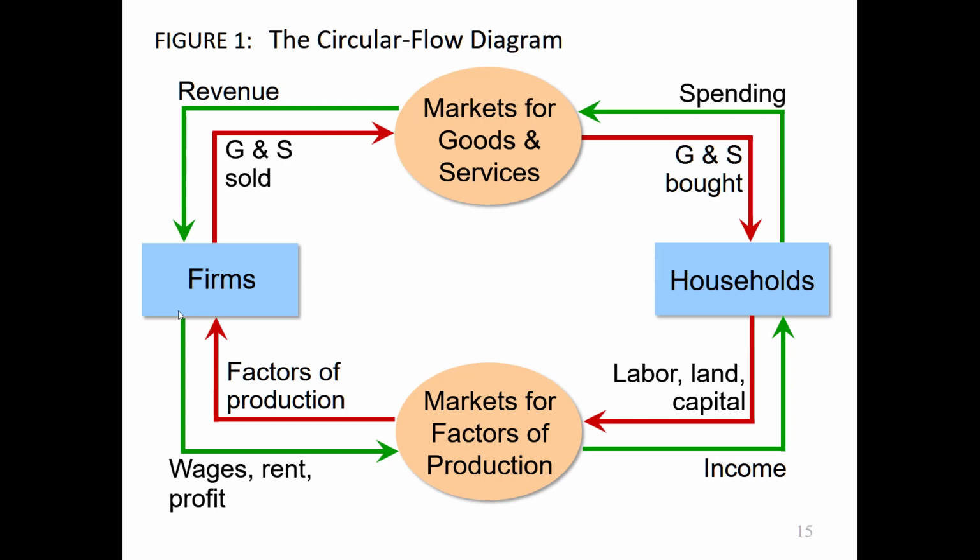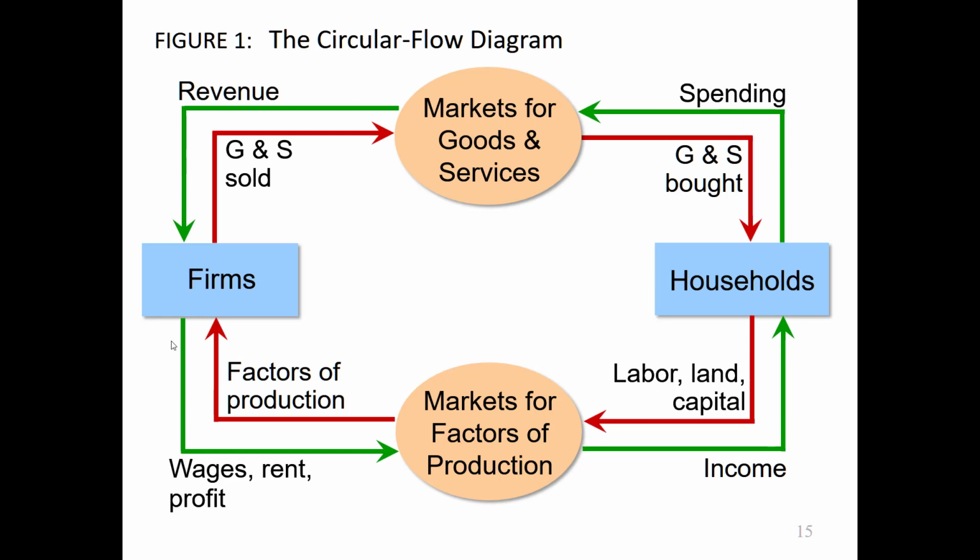The income, the dollar bill, is being represented by the green arrows, so it keeps flowing in the economy. The green arrows are the flows of income. The red arrows are the flows of goods. These goods can be final goods or they can be factors of production. So here are factors of production and goods and services in the red arrows. Here are the flows of income in the green arrows.